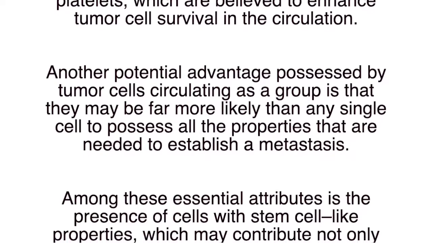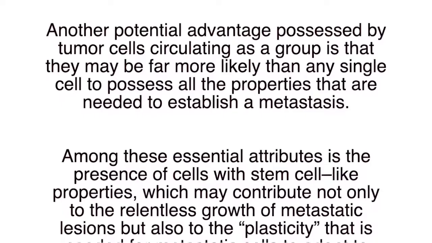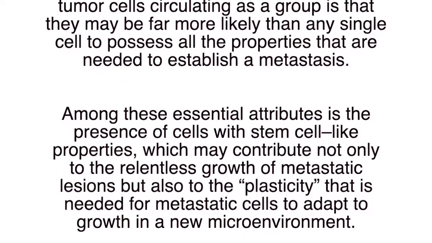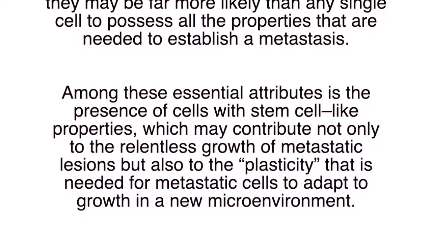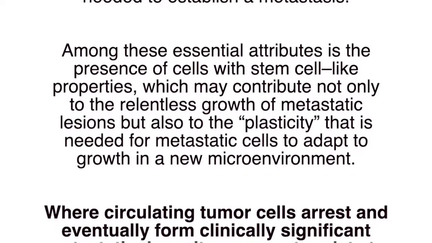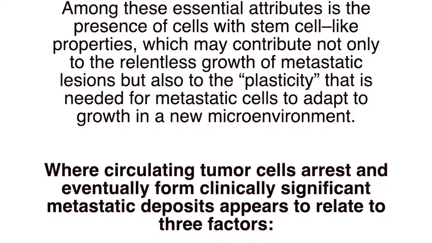Among these essential attributes is the presence of cells with stem cell-like properties, which may contribute not only to the relentless growth of metastatic lesions, but also to the plasticity that is needed for metastatic cells to adapt to growth in a new microenvironment.